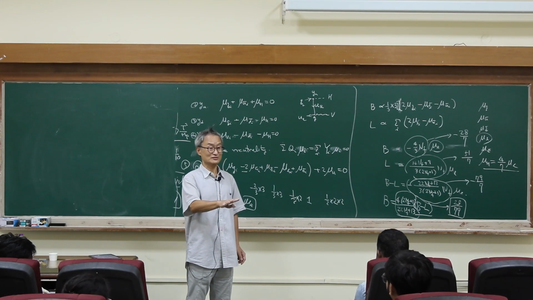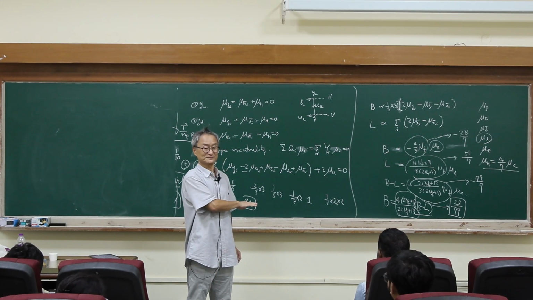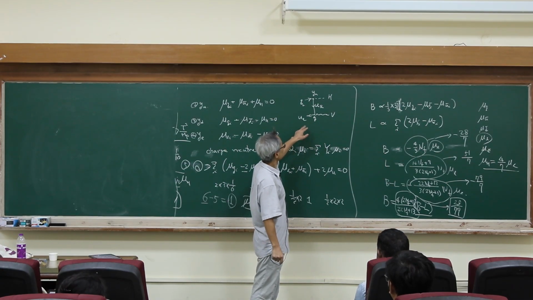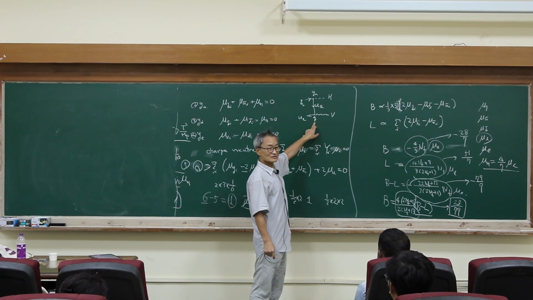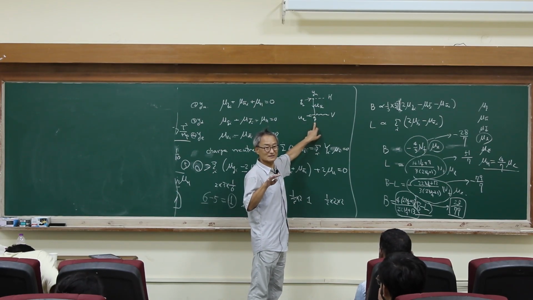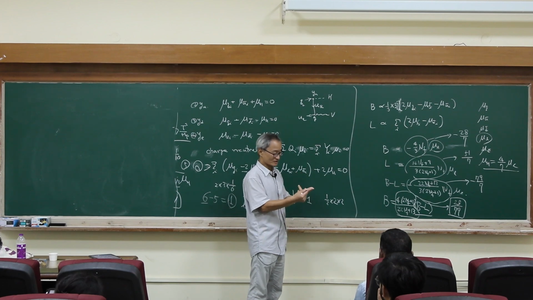Gauge interaction, a good question. It should be there. Gauge interaction is much stronger, actually, than Yukawa. Gauge couplings are order 1, say, and the top Yukawa is order 1.